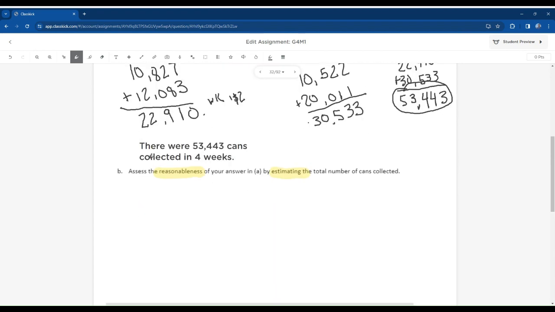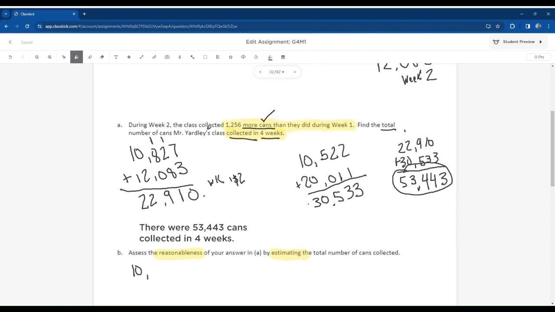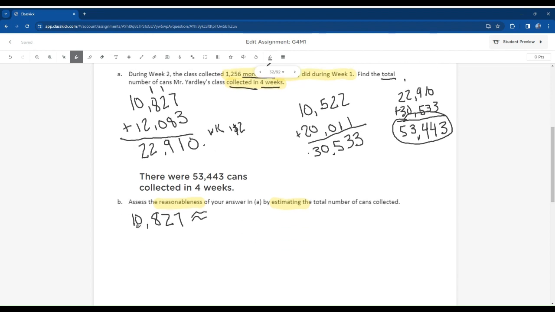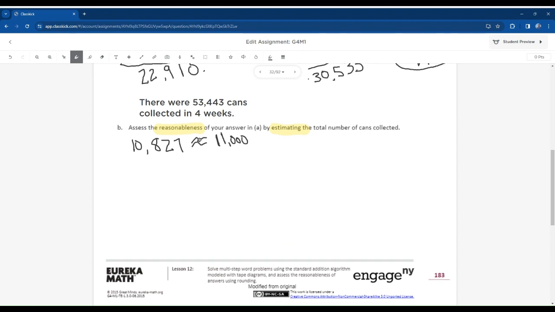So we have 10,827. And if we were to round that to the nearest thousand, we would get 11,000. 12,083 would round to about 12,000.